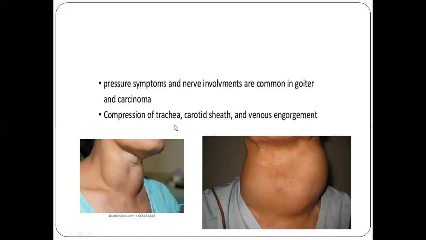The compression of the trachea, I told you, causes the respiratory problem, and over the carotid sheath, like the internal jugular vein and common carotid artery. Venous engorgement is over the internal jugular vein, sometimes over the brachiocephalic vein, sometimes over the superior vena cava. So venous engorgement or venous distension will occur.